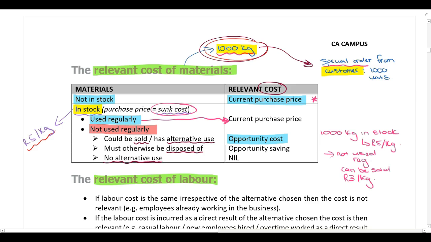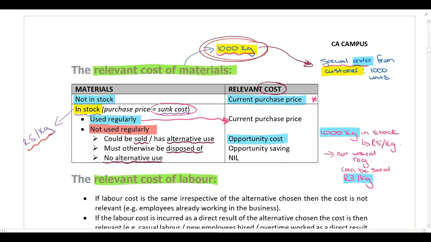If I use this raw material inventory for this order, I will not be able to sell it for 3 Rand a kilogram because I'm obviously using it for this order. However, if I don't use it for this order, I'll be able to sell it for 3 Rand a kilogram. So you've got an opportunity cost over here. You are losing out on 3 Rand per kilogram if you use the raw material for this order.